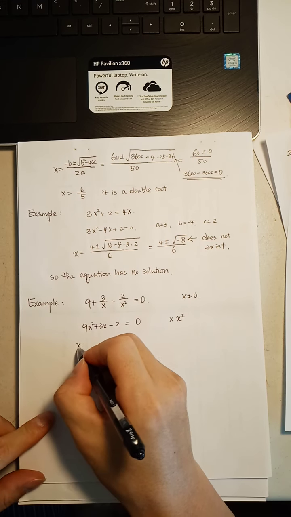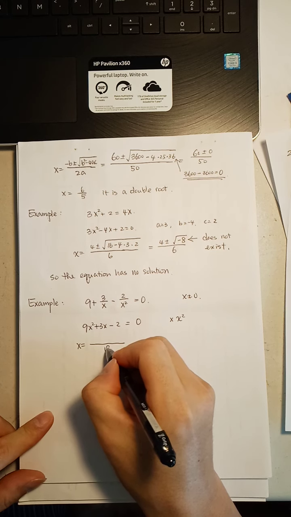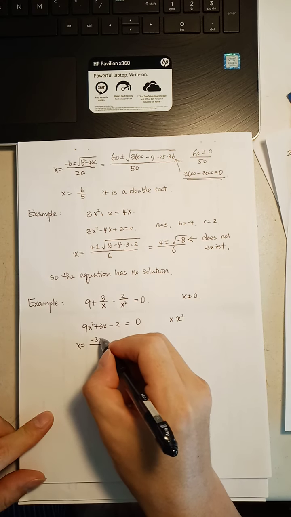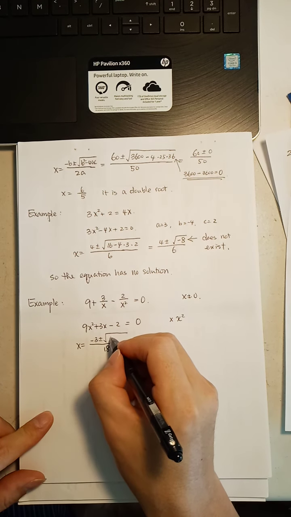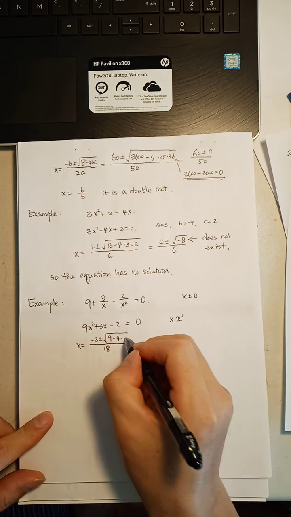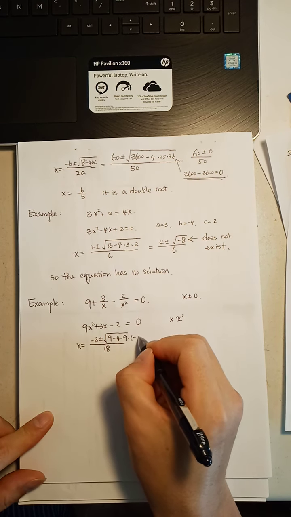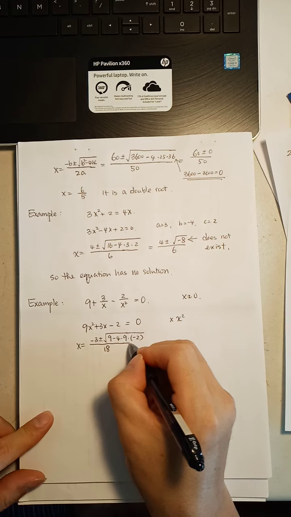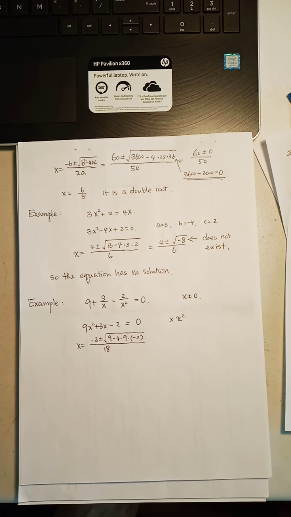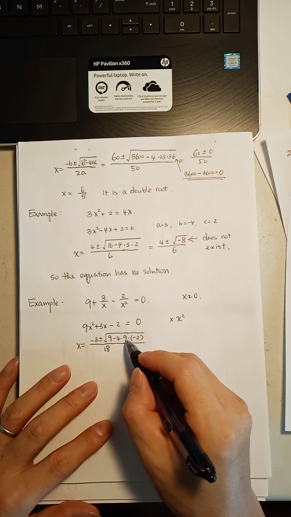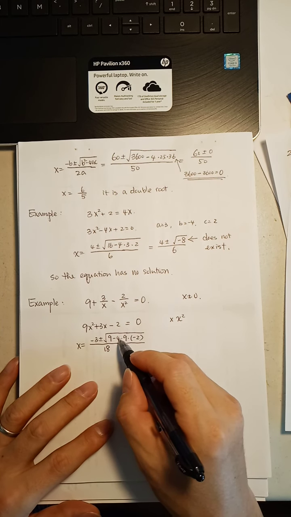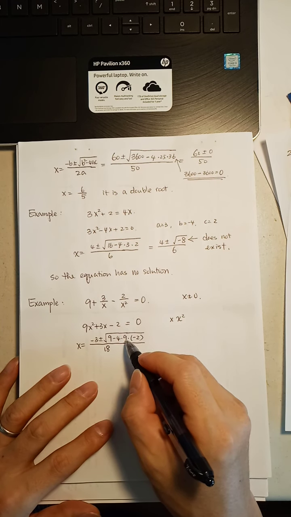So x is negative b plus or minus the square root of b squared minus 4 times a times c, over 2a. Don't forget the negative sign. C is equal to negative 2, not positive 2. So 9 plus 4 times 9 times 2, that is 8 times 9 is 72.